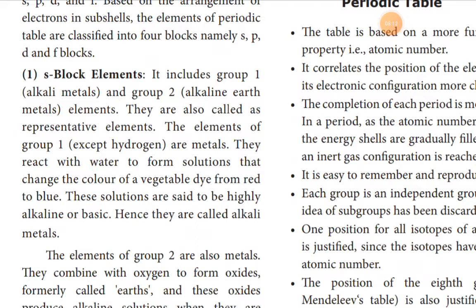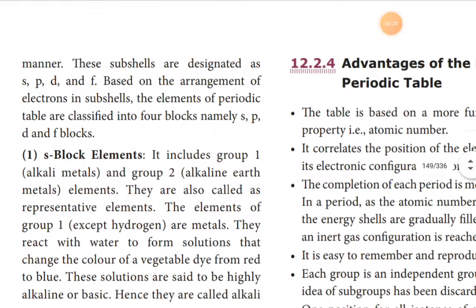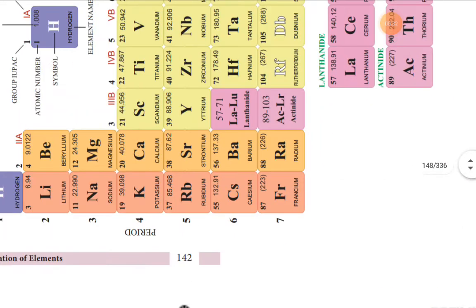Also, group 2, the alkaline earth metals, are in the s block. Alkaline earth metals combine with oxygen and give oxides. For example, see in the periodic table, second column, second group: beryllium, magnesium, calcium, strontium, barium, radium.